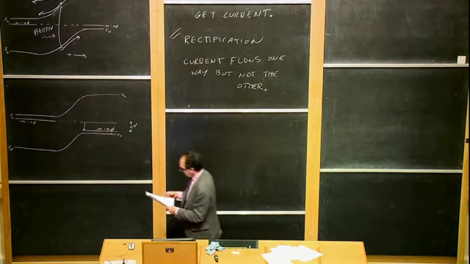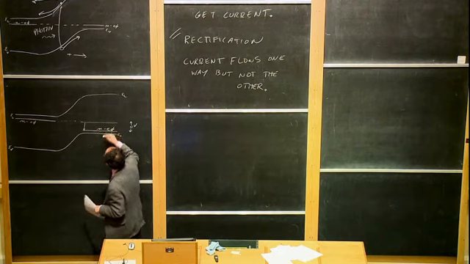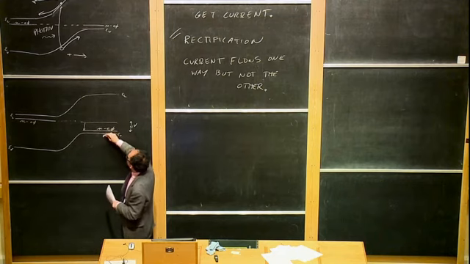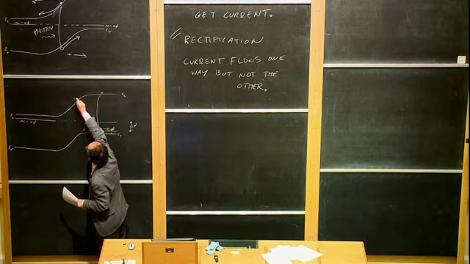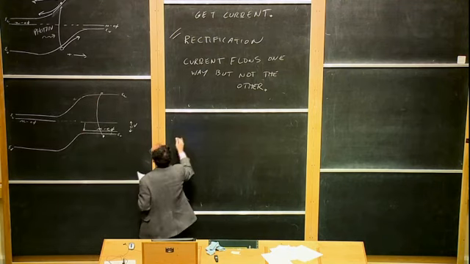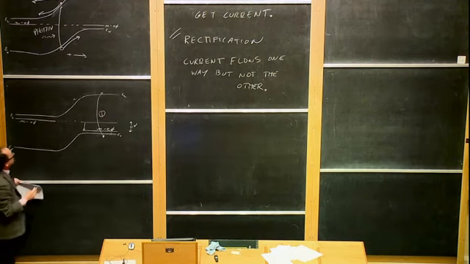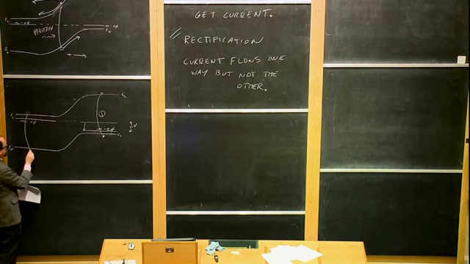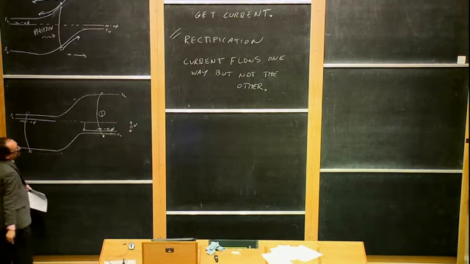Well, there are several ways you can get current. One way to get current, let's call this process 1, is that an electron in the valence band could get excited up to the conduction band and then eventually find its way down the hill. And process 2 is sort of the reverse of that, which is the hole up in the conduction band could get excited down into the valence band, because remember, it requires positive energy to push a hole down into the valence band, and then find its way up the hill.